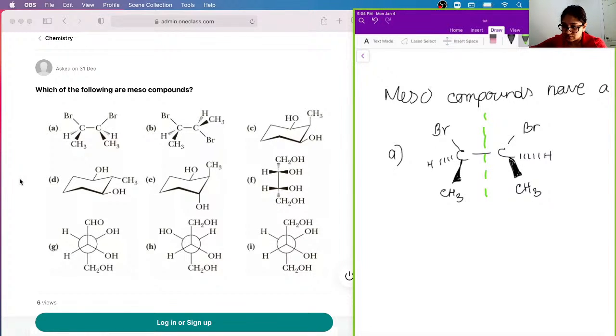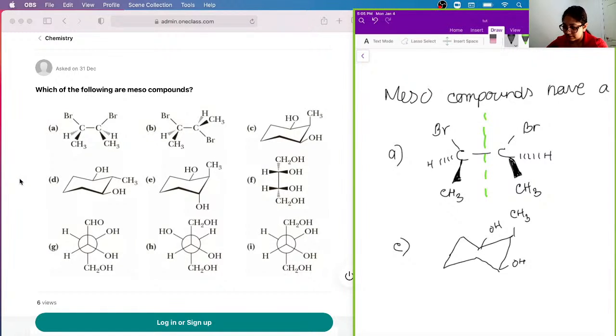The next meso compound we have would be C, and I'll show you. For C, we have a chair conformation. We have a methyl group, CH3, and OH.